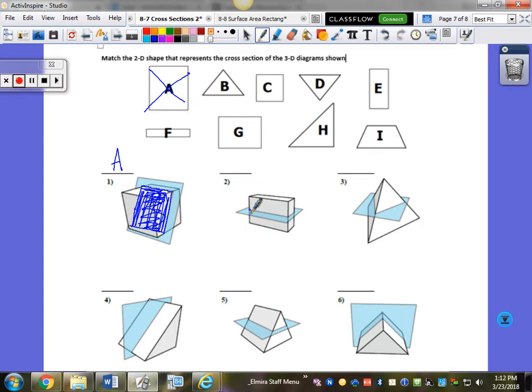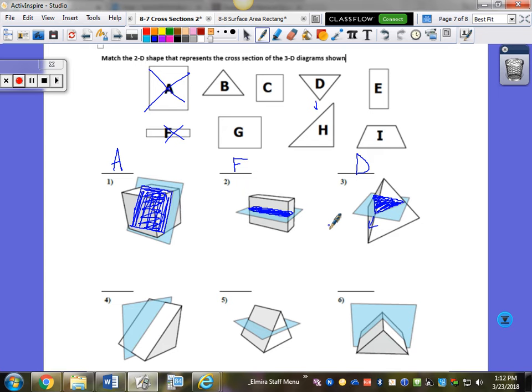Number 2, if I were to lift the top off of this and lift the glass off, I would see, and the pixelation is terrible on this, I'm sorry, a long, skinny rectangle, which is F. If I were doing 3, and I lifted off the top, this would be a triangle that generally points down, just like D. So direction is important.